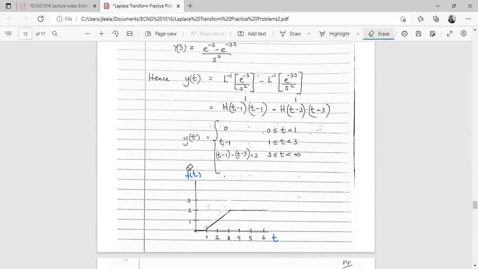So t minus 1 between 1 and 3, your gradient is 1. And then between 3 and infinity, the graph is 2.